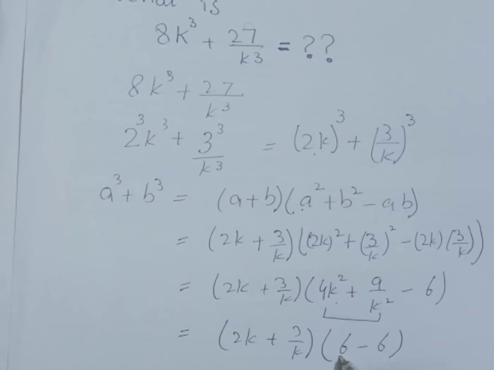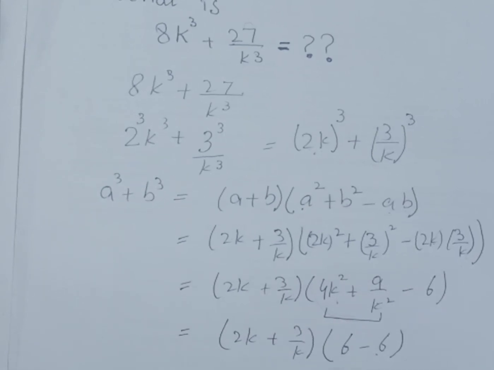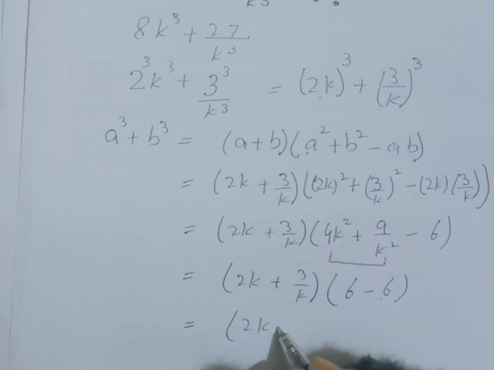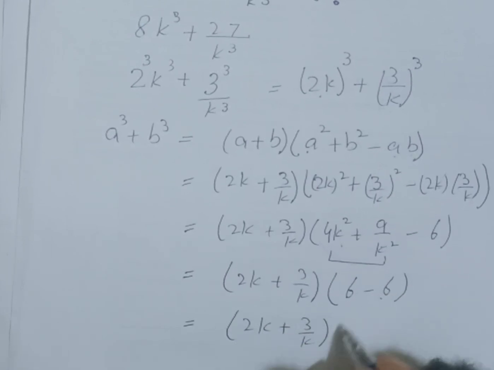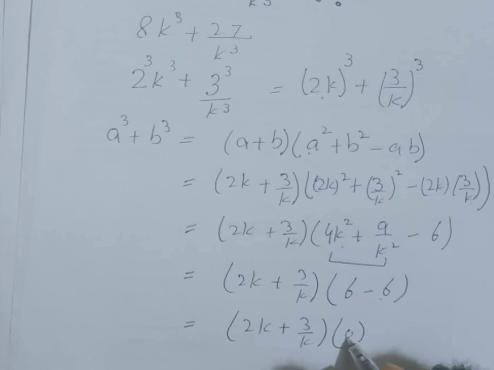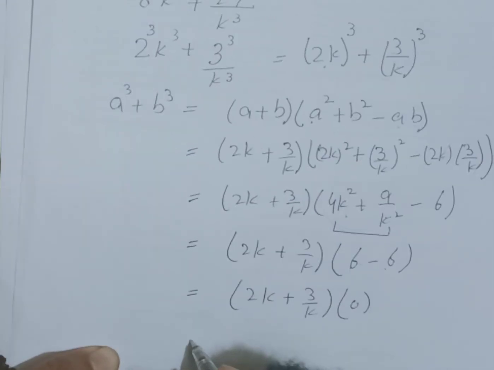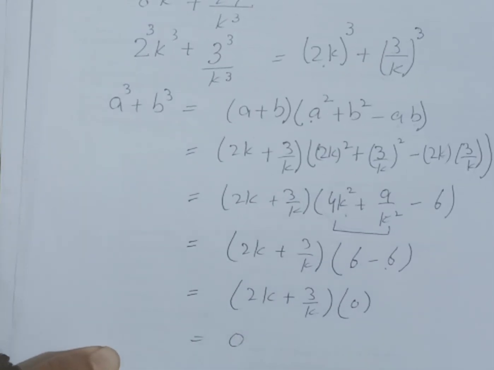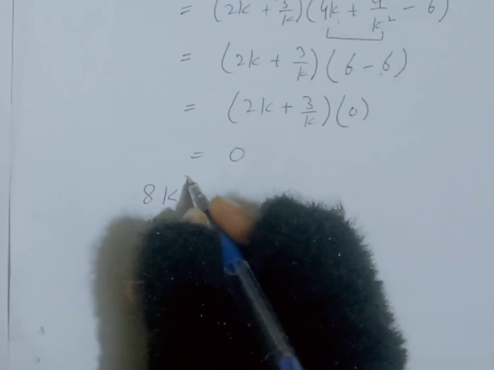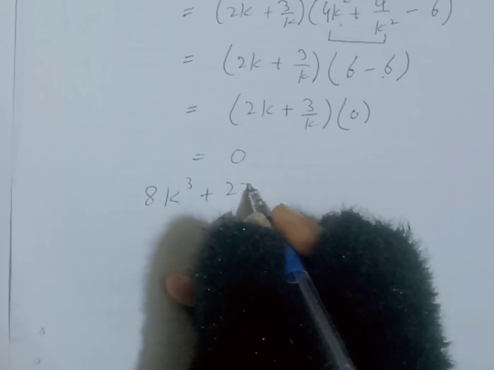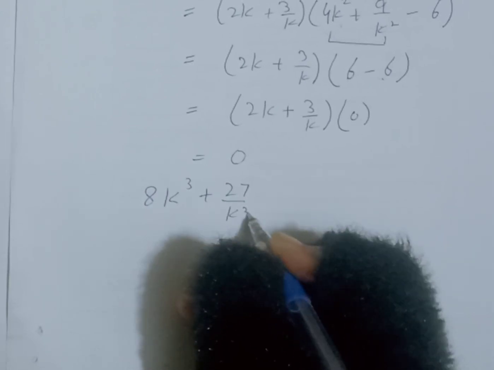After that 6 minus 6 is equal to 0, so this will become 2k plus 3 over k multiply 0. 0 multiplied by some number is 0, so we get 8k cube plus 27 over k cube is equal to 0.